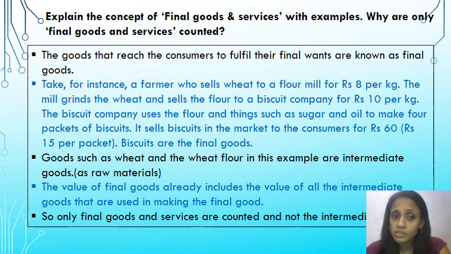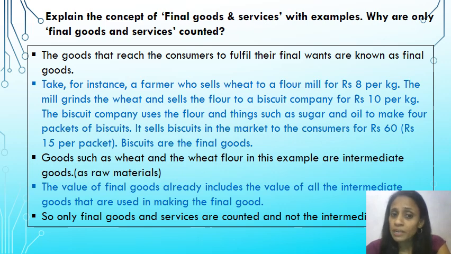So the goods that reach the consumers to fulfill their final wants are known as final goods. See the example. The farmer who sells wheat to a flour mill for rupees 8 per kg. The mill grinds the wheat and sells the flour to a biscuit company or a bakery for rupees 10 per kg.